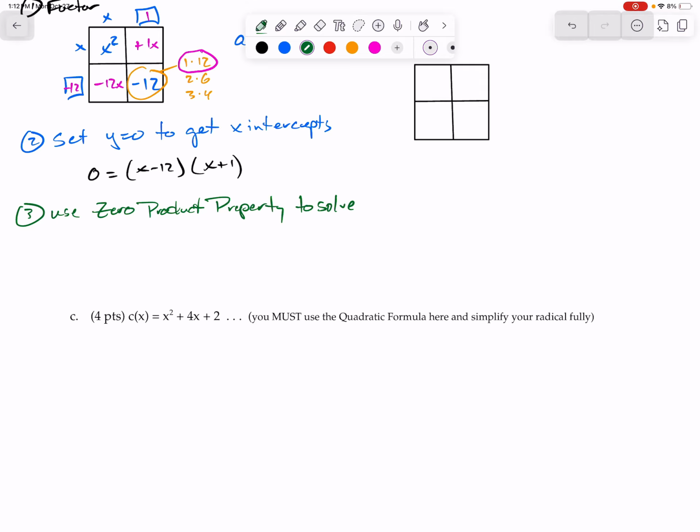And what that means is either x minus 12 equals 0, so x equals 12, or x plus 1 equals 0, so x equals negative 1. And so our answers are 12, comma 0, and negative 1, comma 0.